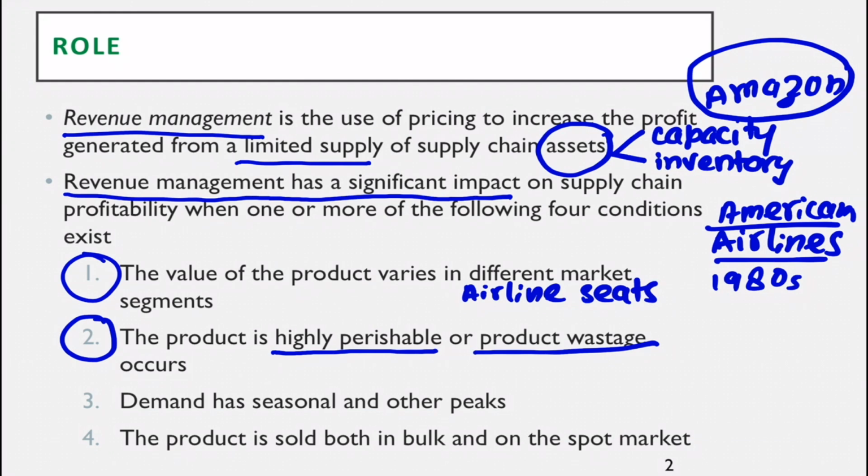Or if there is a truck that has to go from place A to place B and on a given day it is only half full and still it has to travel from A to B, then that extra capacity that the truck had on a given day is not available to be used the next day. Similarly, in an aircraft, if some seats are vacant during a flight, they go to waste because the next time the flight takes off, those seats cannot be used.